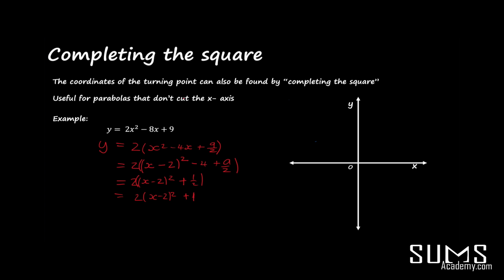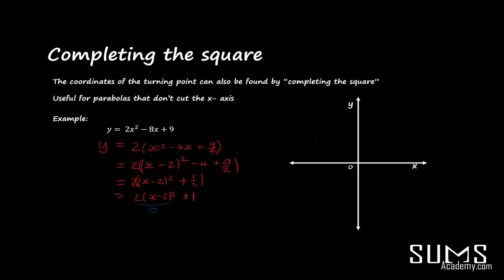Okay, so how does this help us here? How is this any different than where we were before? Well, actually what happens is we know that the smallest this bracket can ever be is 0, right? Because of this squared term, the smallest we can make it is 0. So when we make this 0, what are we left with?